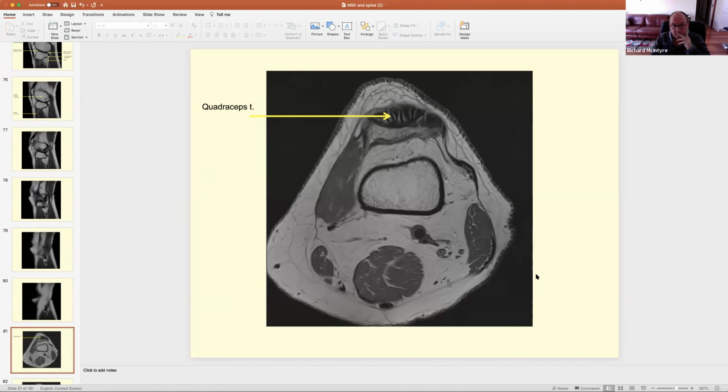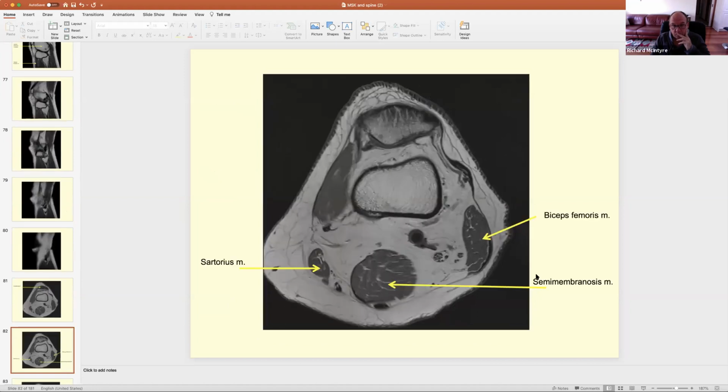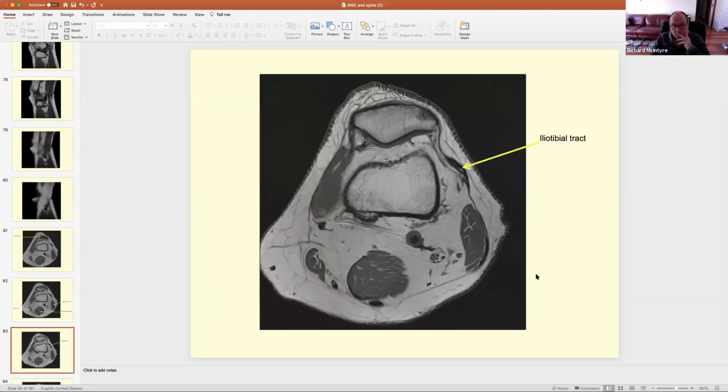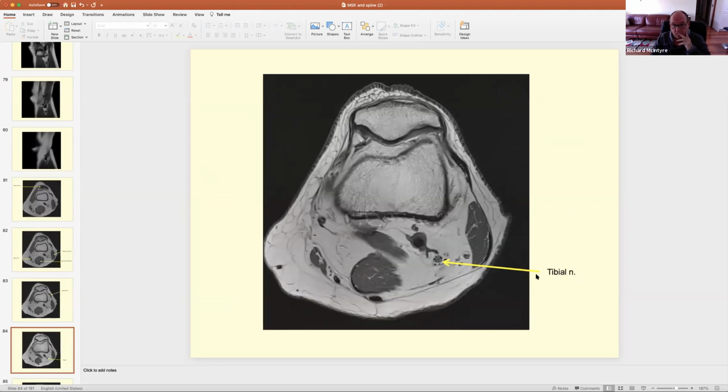Quadriceps tendon, so we're starting at the top. We know the iliotibial tract runs all the way down the leg, or a lot of the way down the leg. And there's the tibial nerve, okay? And you can see the difference between the nerve bundles and the arterial vessels, okay? So that's how you differentiate the two, the bundles of nerve tissues and the arterial.